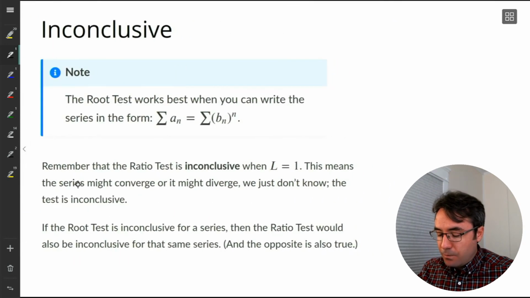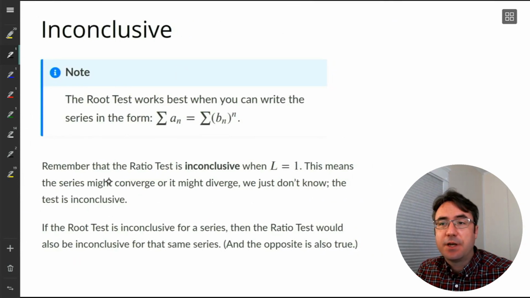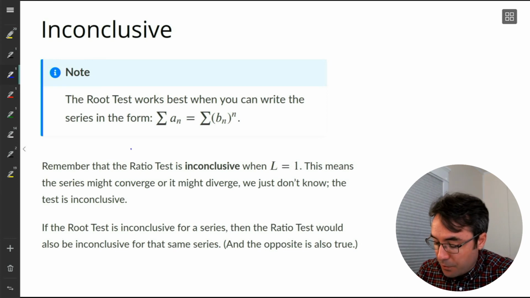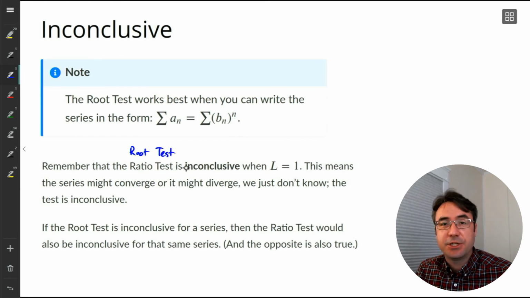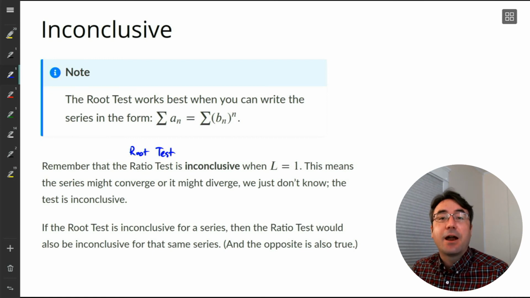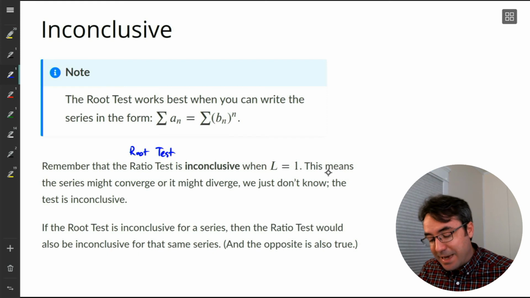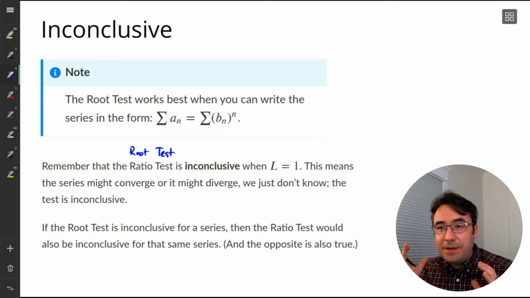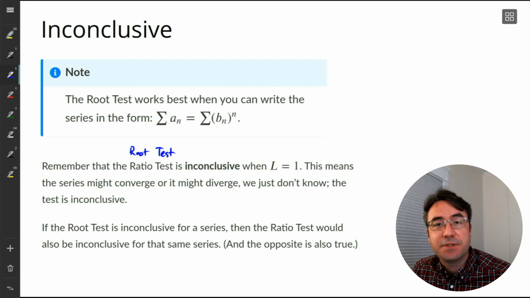And we also have this same disclaimer that we saw with the ratio test and the root test. Both of them have this same inconclusive condition here. So if the limit L is equal to 1, then both the root test and the ratio test are inconclusive. Again, what that means is not that we can't answer what's happening with the series.